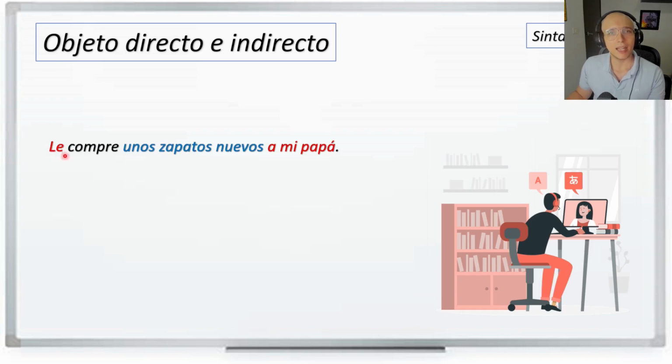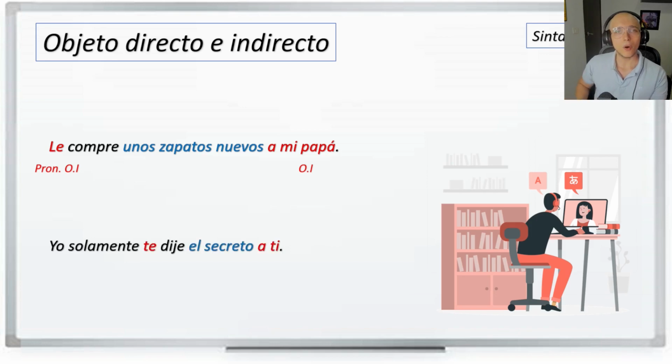So we say, le compré, I bought him, unos zapatos nuevos, some new shoes, a mi papá, to my dad. Let's repeat that until it stays here. Le compré unos zapatos nuevos a mi papá. Also, we do this when we do it in the first person.